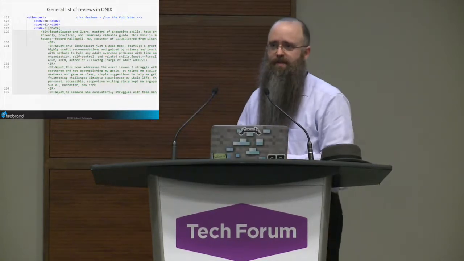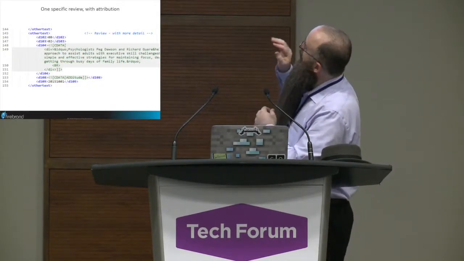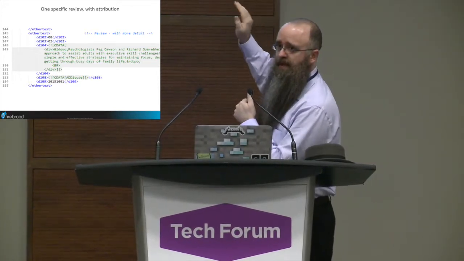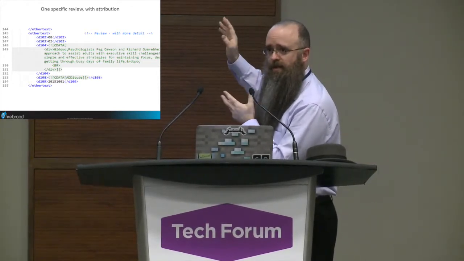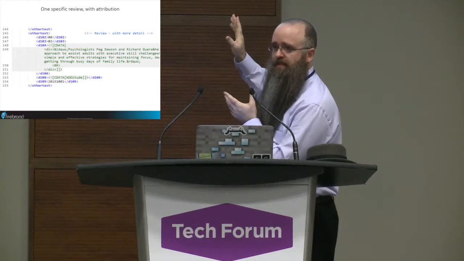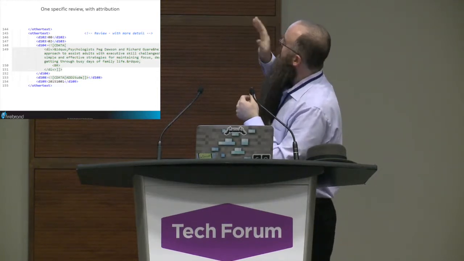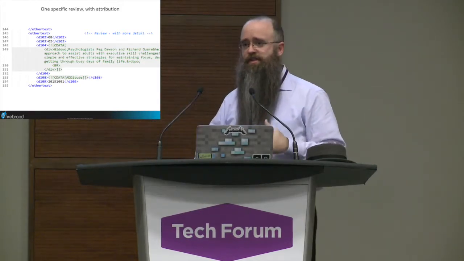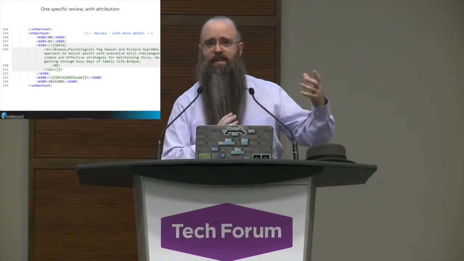And you can also do it like this, though, where you have one review, and you can even denote who the review was by, what journal or article or whatever magazine or whatever it was written in, what reviewer was doing it, and the date, even the actual date that the review was published. So you can split it out, or you can put it all together in one.